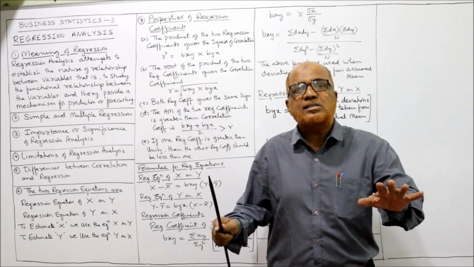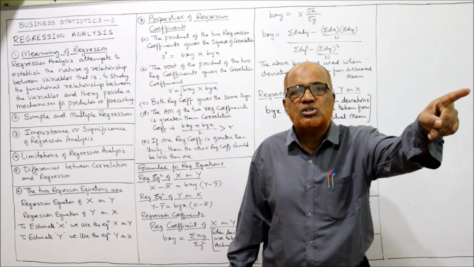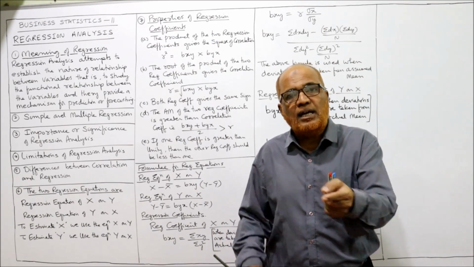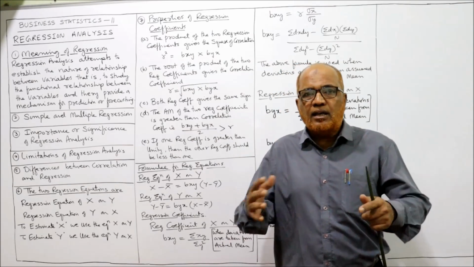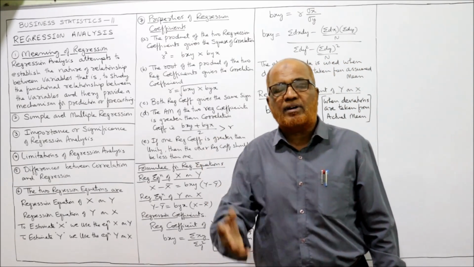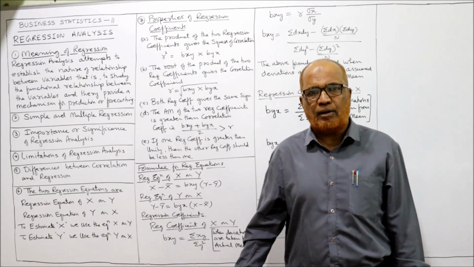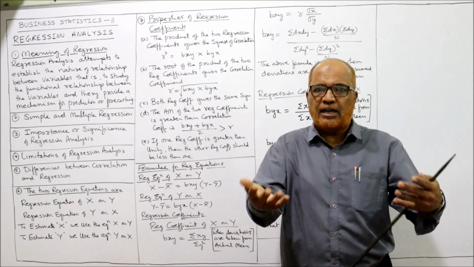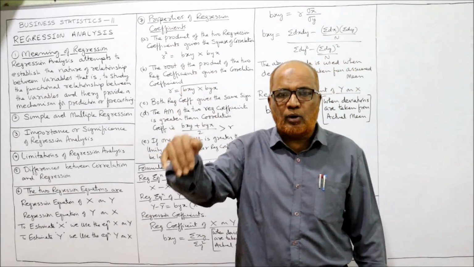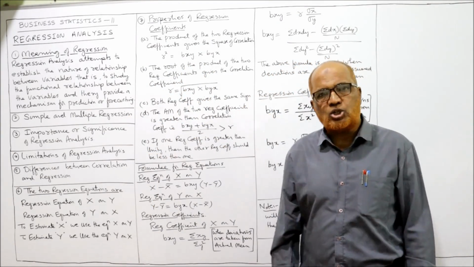There is no cause and effect relationship in the case of correlation, but in the case of regression, there is a cause and effect relationship. We must know which is the independent and which is the dependent variable, because the independent variable will be given and the dependent variable we can find out by making the relationship.